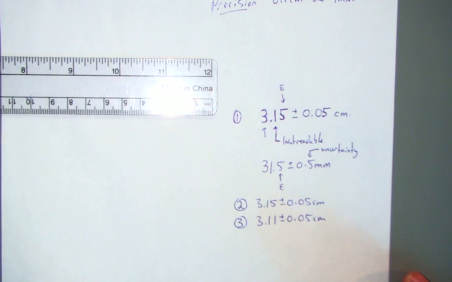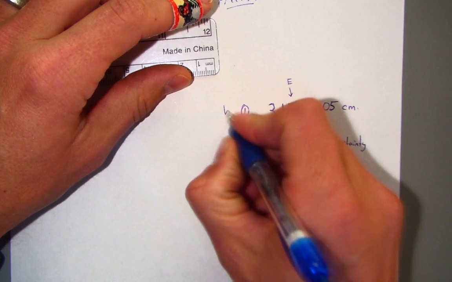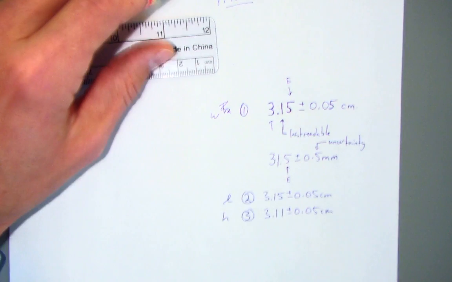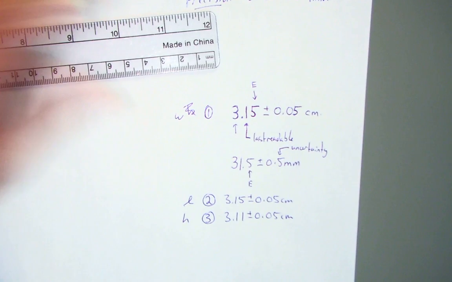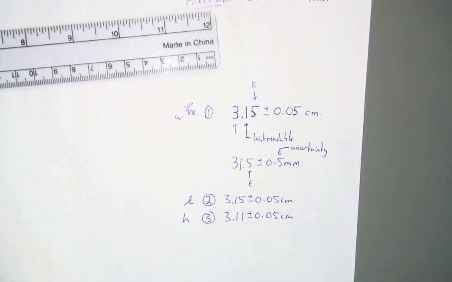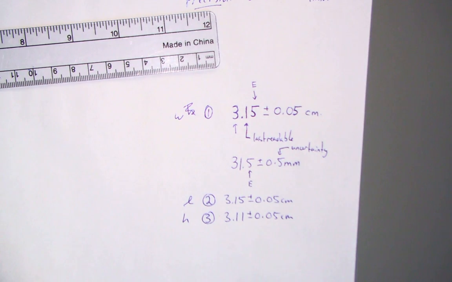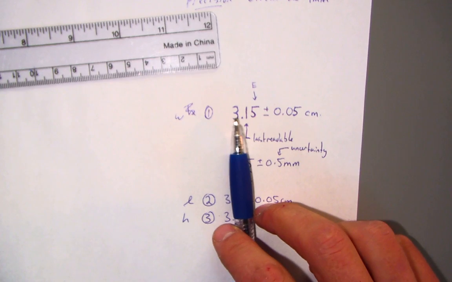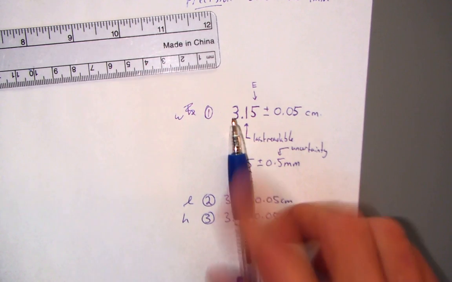Okay, so there's our values. We can say width, length, and height. So now we want to get a volume out of this, right? And so we have to think a little bit here about what these values mean and what's up with their uncertainties.